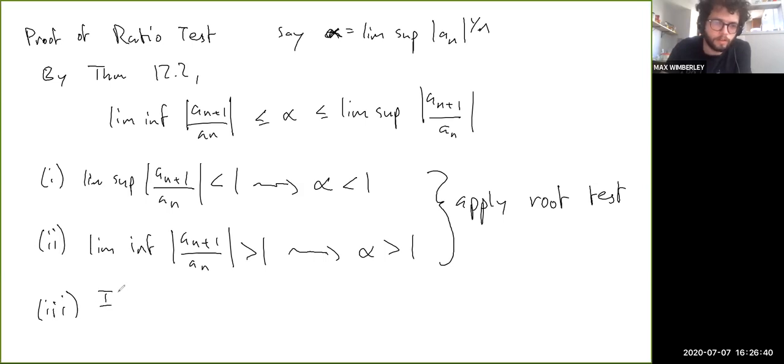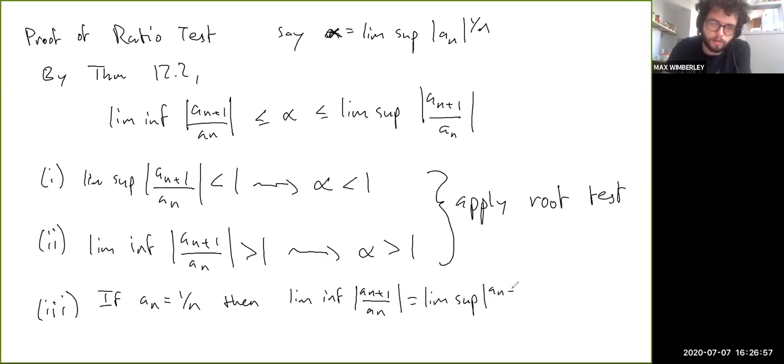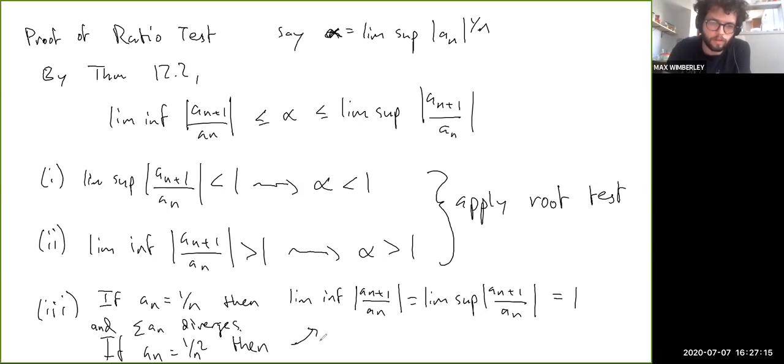If a_n is 1 over n, then the lim inf of the ratios equals the lim sup of the ratios, and the series diverges. On the other hand, if a_n is 1 over n squared, then this is true, but the series converges absolutely.